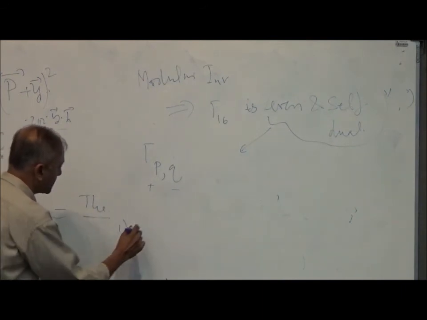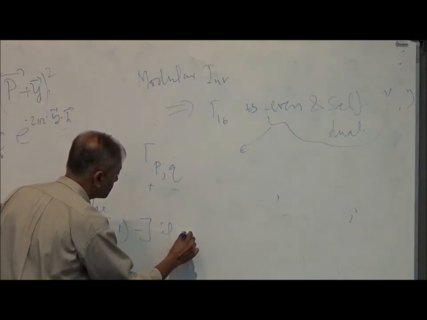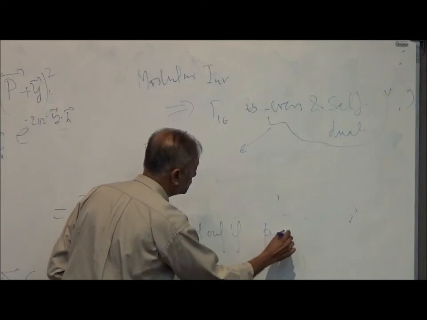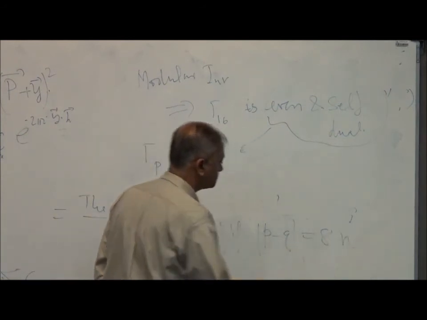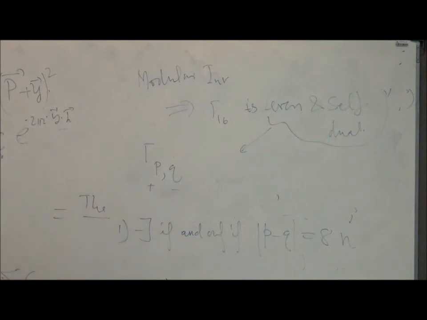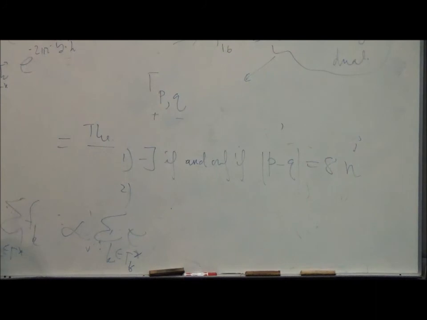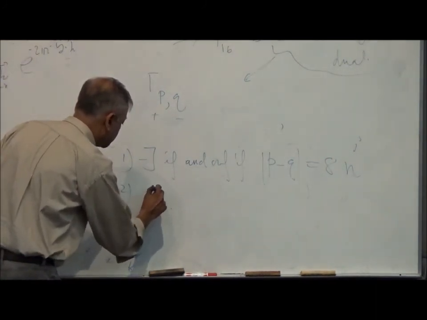First statement, it exists if and only if the modulus of P minus Q is 8 times an integer. Okay? 8 times the integer. This 8 appears in many places, not just in the Majorana-Weyl condition. Actually, it's related. Second, two cases.